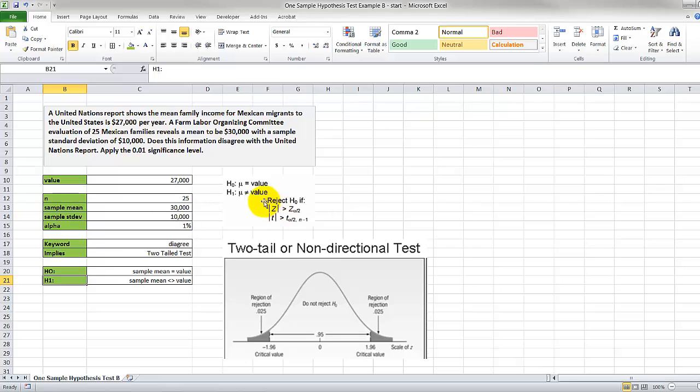Okay, so we have our rejection rules. So now it's either going to be reject the null if the absolute value of a z is greater than z alpha divided by 2, or the absolute value of a t is greater than t alpha divided by 2 at n-1 degrees of freedom.